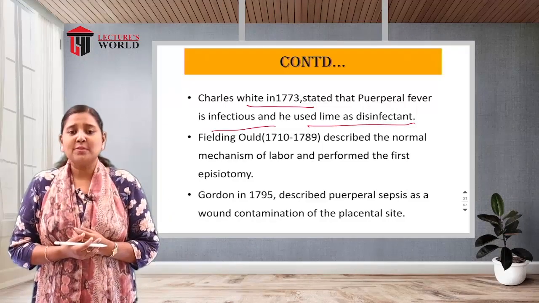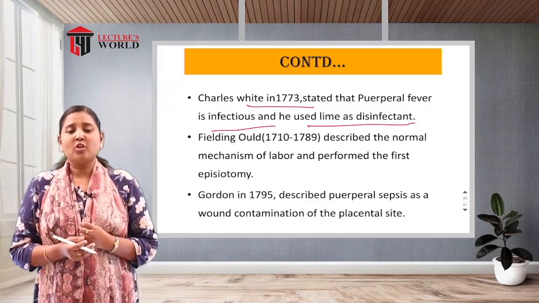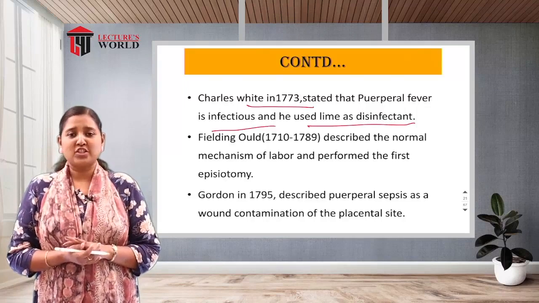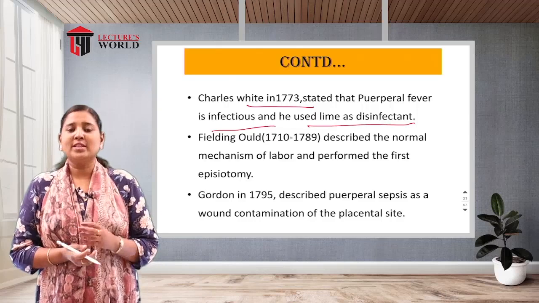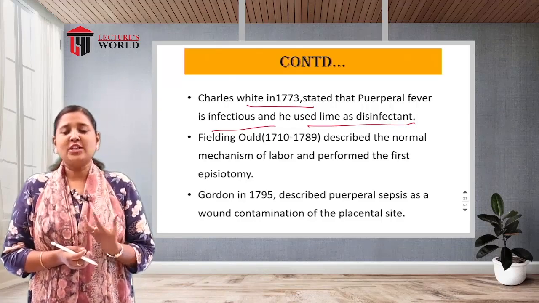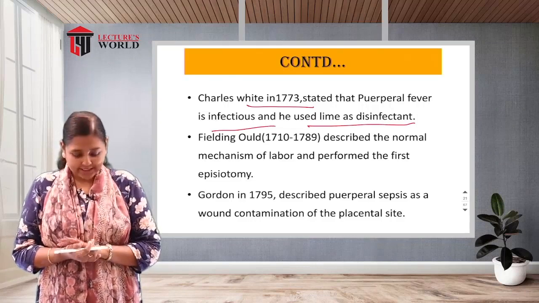Charles White identified many puerperal sepsis cases, and he thought it was because of infections caused by microorganisms. He also used lemon, which we casually use, as a disinfectant for washing hands and everything.